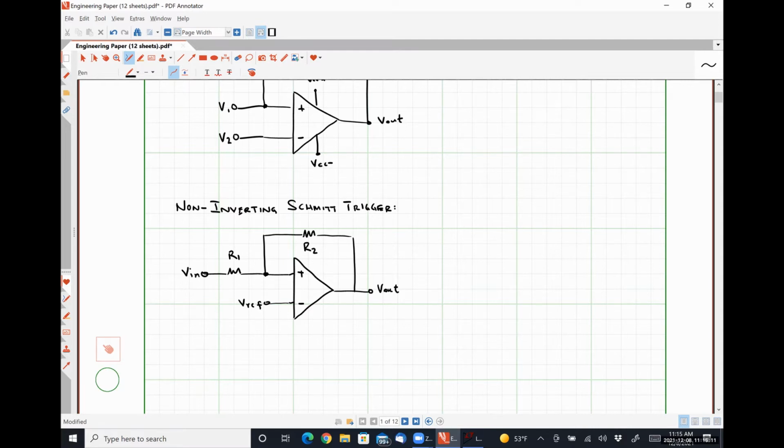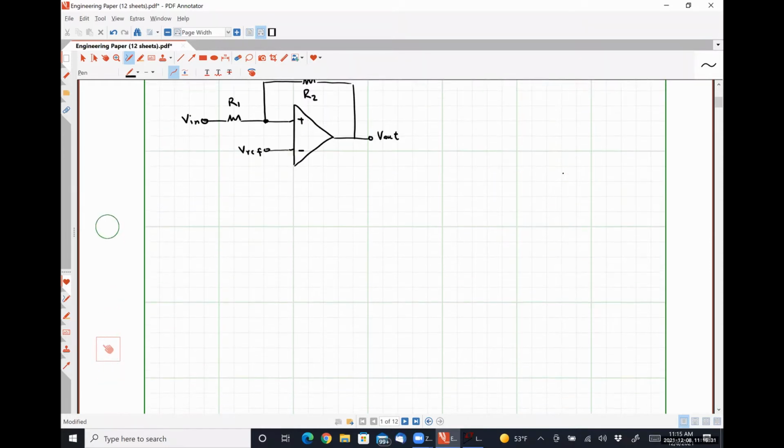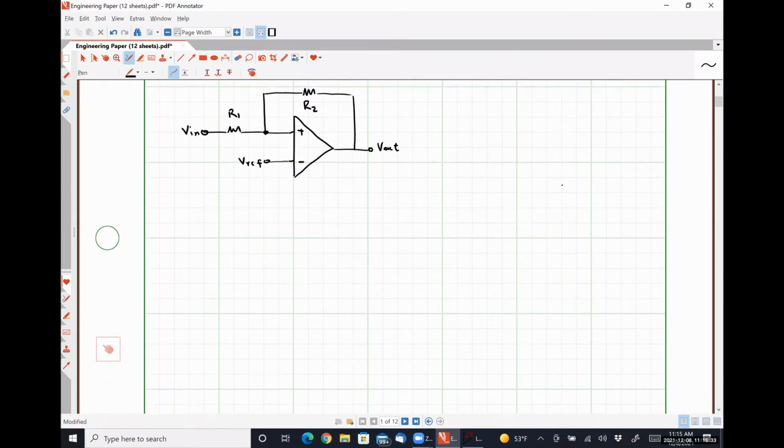Okay. So what we're going to do is we're going to apply the practical op-amp model here with some very specific assumptions to kind of figure out how this guy behaves, to develop some sort of input-output relationship for this thing. All right. So let's start by drawing my basic practical op-amp model.